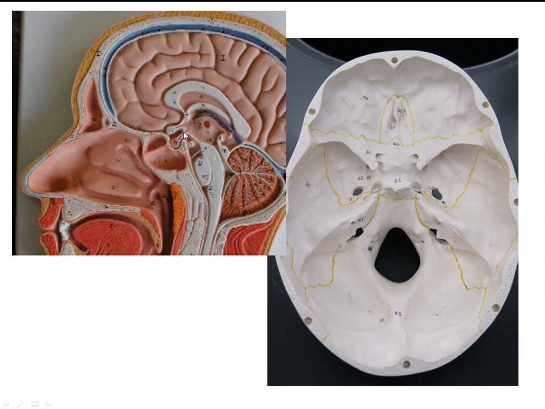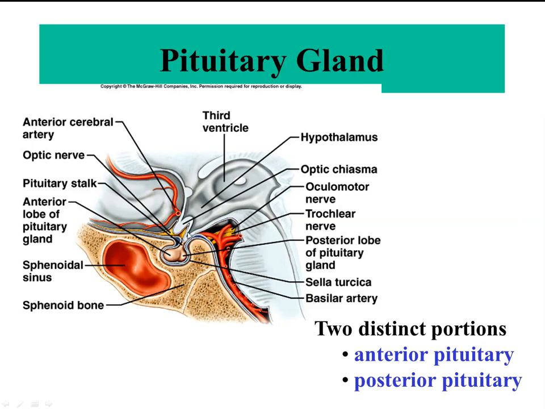And then the stalk that holds the pituitary gland is called the infundibulum. Here it is again: the third ventricle, the thalamus, the hypothalamus, and the infundibulum, the pituitary stalk.